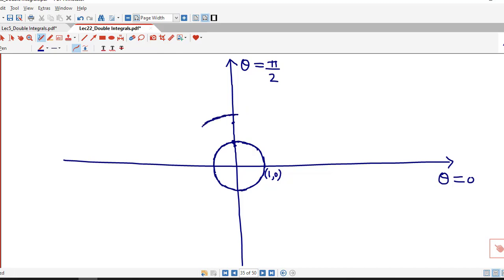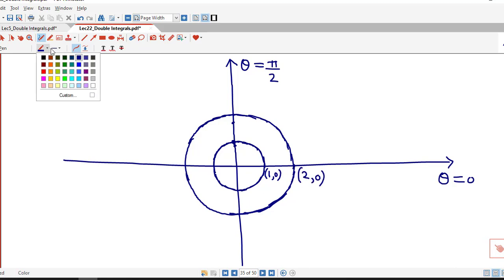Now we sketch this circle of radius 2, which is x square plus y square equal to 4. We require a rough sketch. It should look like a circle. So now suppose this is the circle of radius 2. So this point is going to be (2, 0).